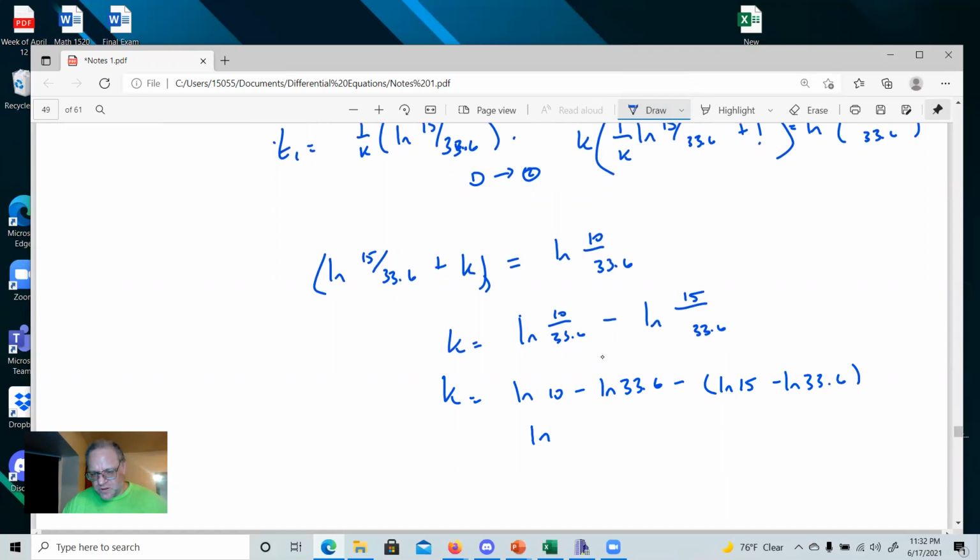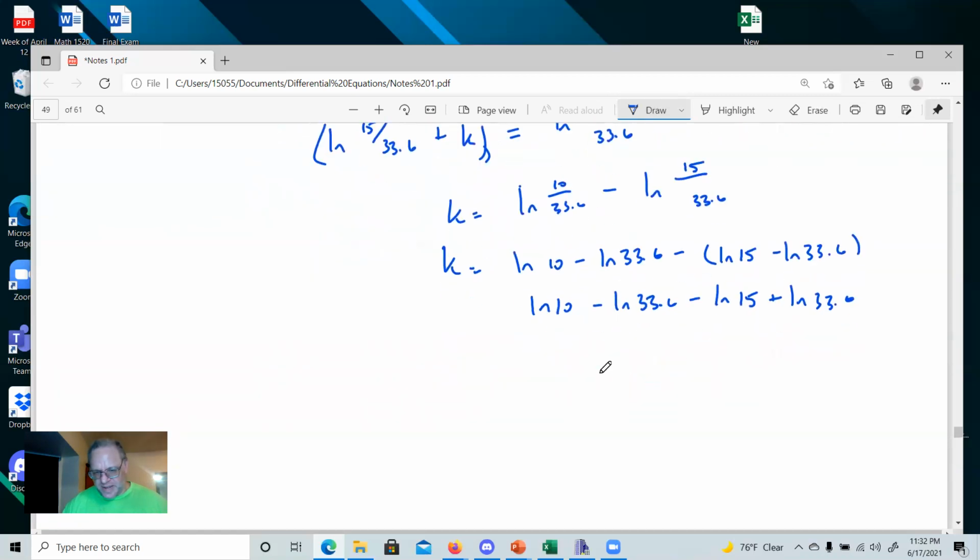So this is natural log of 10 minus natural log of 33.6 minus natural log of 15 plus natural log of 33.6. Look at that, those cancel. So we get k equals natural log of 10 minus natural log of 15, which is the natural log of 10/15, which is the natural log of 2/3.